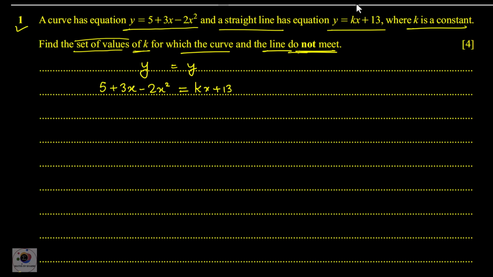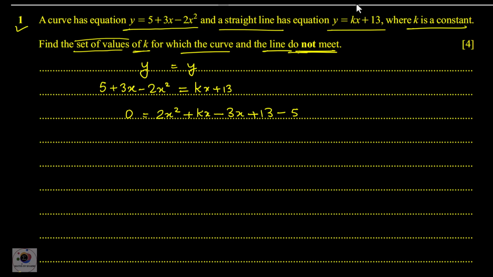So we need to write it in the standard form of the quadratic equation, ax squared plus bx plus c, where a, b and c are constants. Here it's better to send the negative 2x squared term to the other side and make it positive 2x squared, and then there is a positive kx, and then minus 3x, and then plus 13 minus 5.